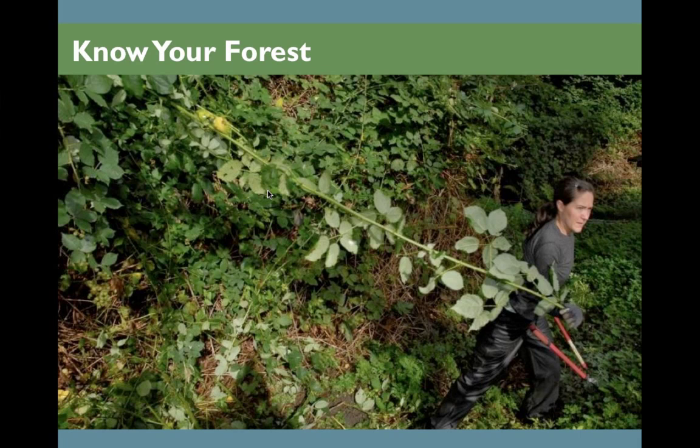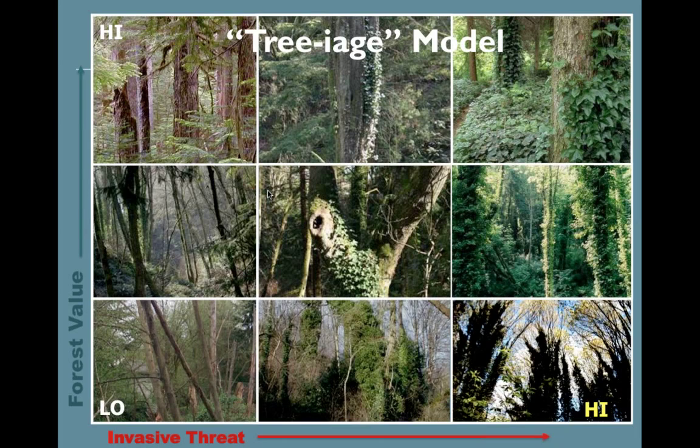With that data and information, we can essentially plug each park area into one of 9 different categories. And on this matrix, which we call the triage model, some of you may have seen before, on the side we have the forest value, and that's really going to differ depending on where you're at.